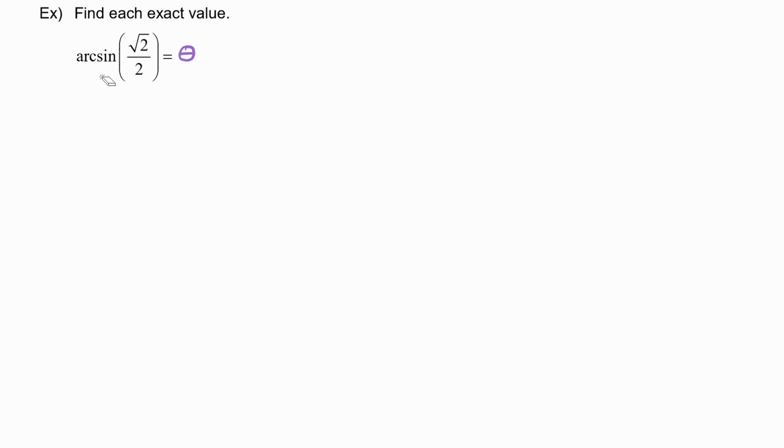So if the arcsine of radical 2 over 2 is equal to theta, then picture taking the sine of both sides of this equation, the sine of the arcsine of radical 2 over 2 would just be radical 2 over 2. And of course, taking the sine of the right-hand side, we would have sine of theta.